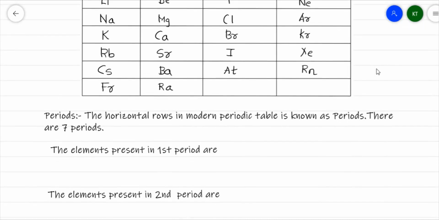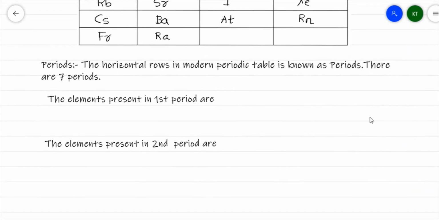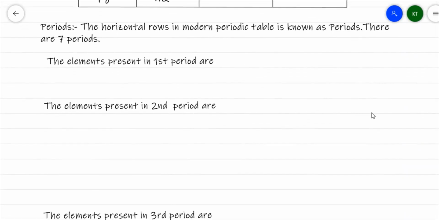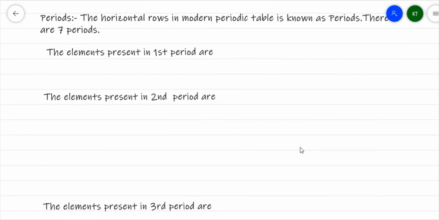Now in the modern periodic table, there are horizontal rows. Those horizontal rows are called periods, and there are 7 periods in the periodic table.